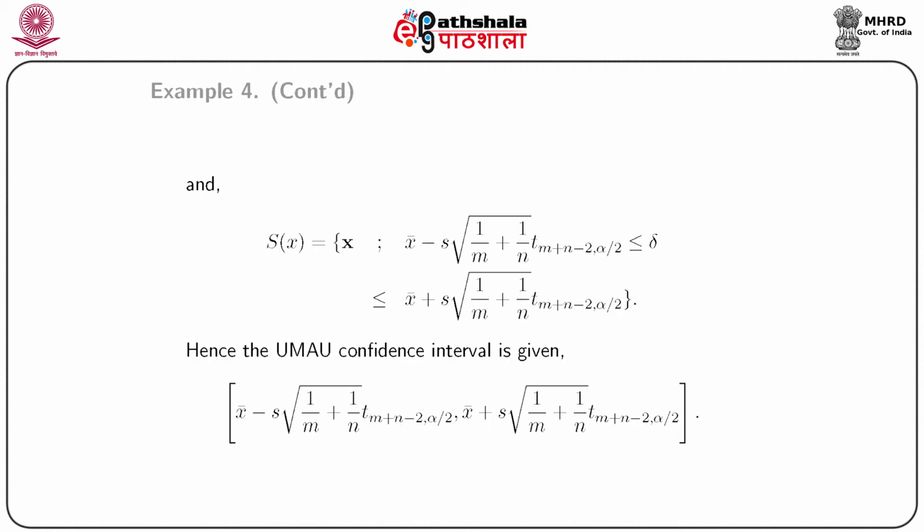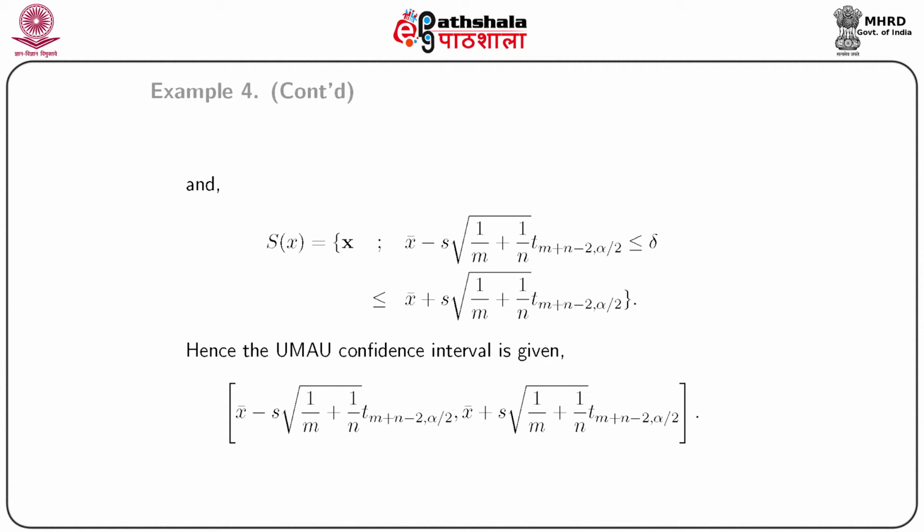And therefore we get S(x) equals the set of all delta such that x bar minus S into root of (1 by m plus 1 by n) into t m plus n minus 2, alpha by 2 is less than or equal to delta less than or equal to x bar plus S into root of (1 by m plus 1 by n) into t m plus n minus 2, alpha by 2.